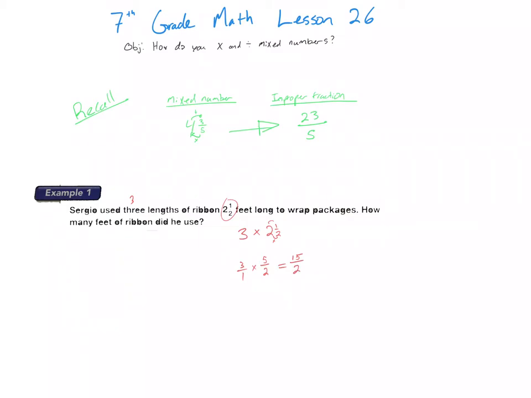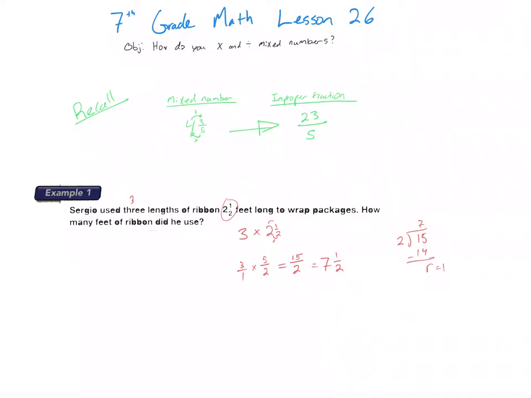And then I just want to change this back into a mixed number. So 15 divided by 2, it goes into that 7 times, and I get 14 with a remainder of 1. So then this is going to be 7 and 1/2.